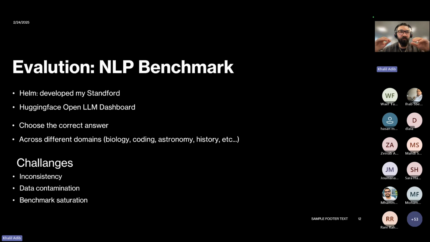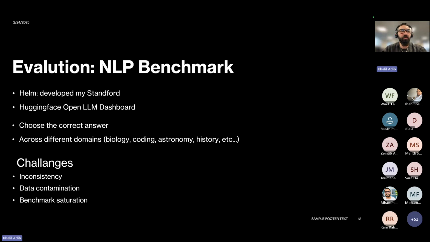These come from different domains, for instance biology, coding, astronomy, history, whatever. When they train the LLMs, they evaluate them on these benchmarks, so that they can see whether the LLM answered all of the biology questions correctly, all of the coding questions correctly, and stuff like that.